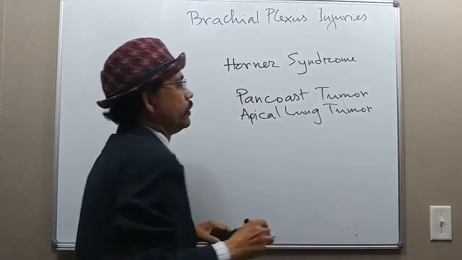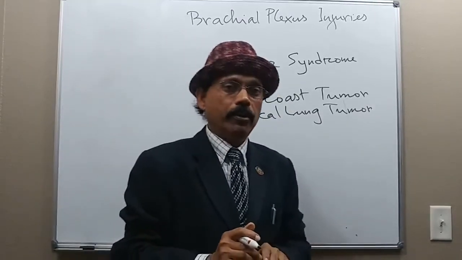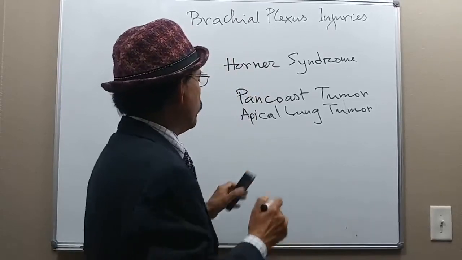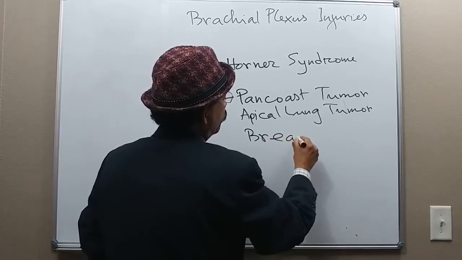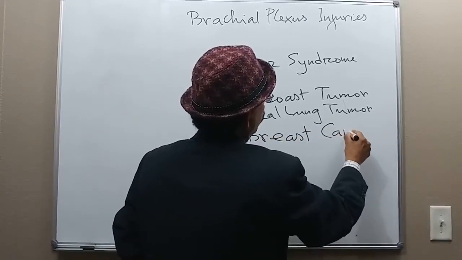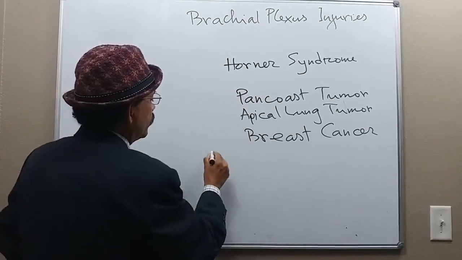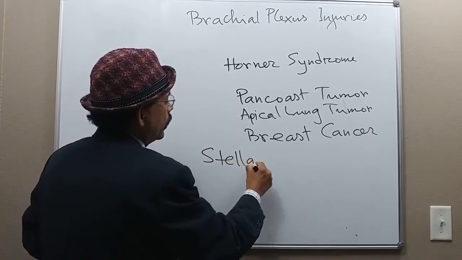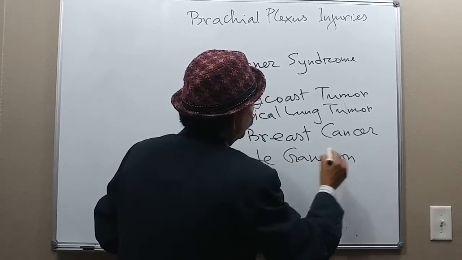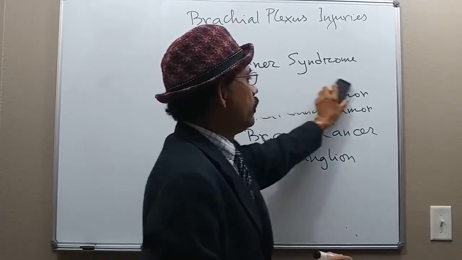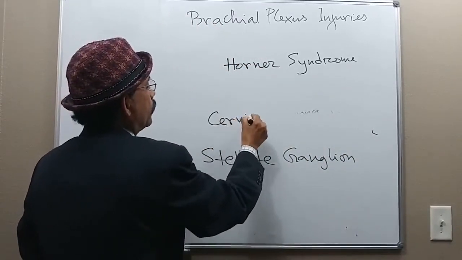We may have Horner syndrome due to involvement of the ganglions by means of the breast cancer, spread of the breast cancer or any other cancer that involve the stellate ganglion. Okay. Stellate ganglion is also called cervicothoracic ganglion.